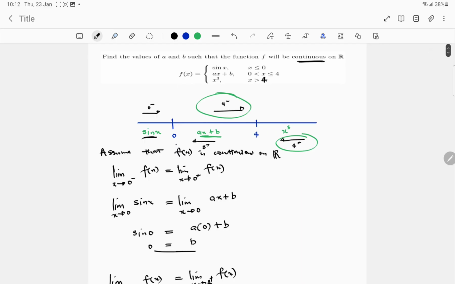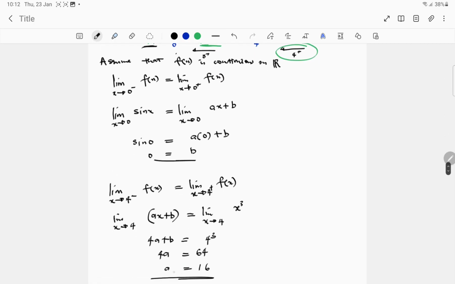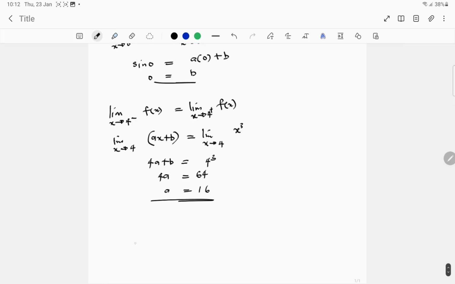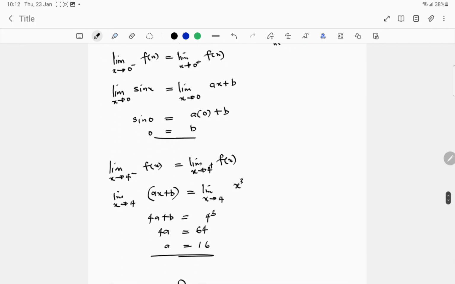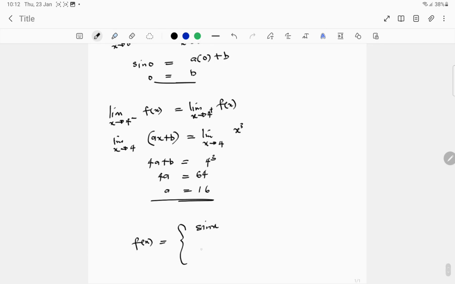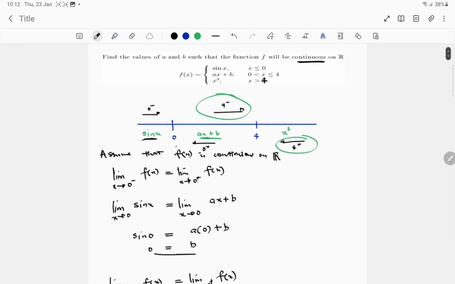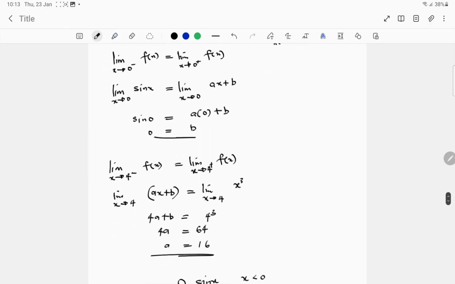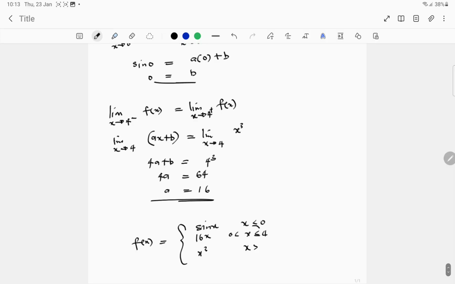The question was: find the values of a and b such that the function will be continuous on R. So if our a is equal to 16 and our b is equal to 0, this function can be continuous on R. So the resultant function will be f of x is equal to sine x, then 16x, and then the other one is x to the power of 3, for x less than 0, x greater than or equal to 0 and less than or equal to 4, and x greater than 4.